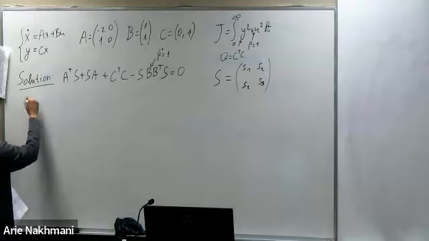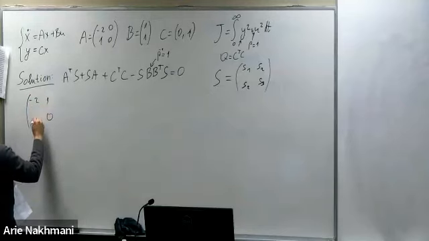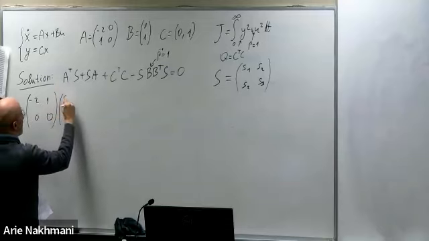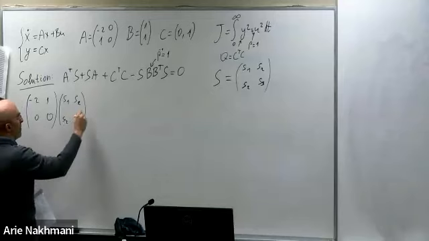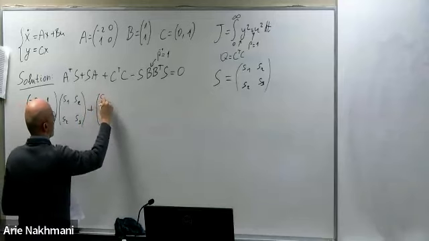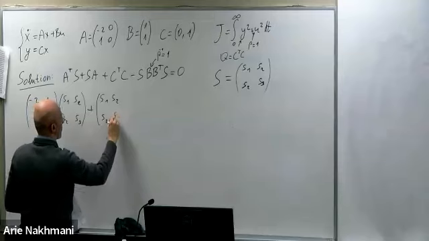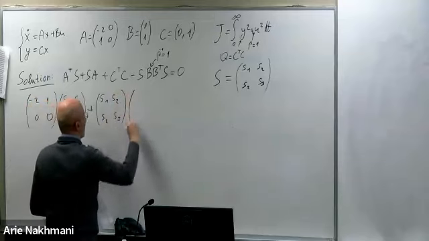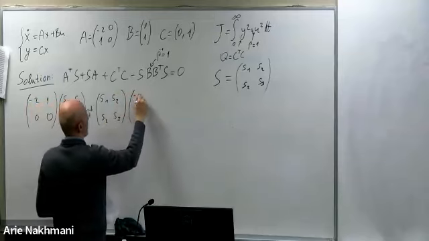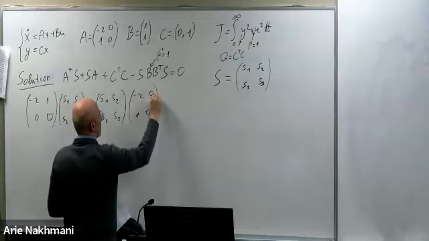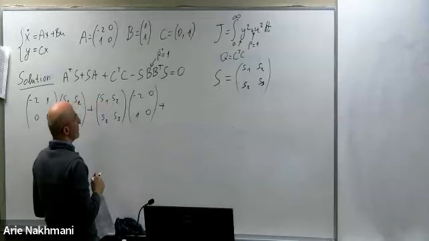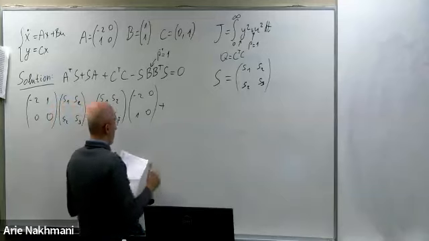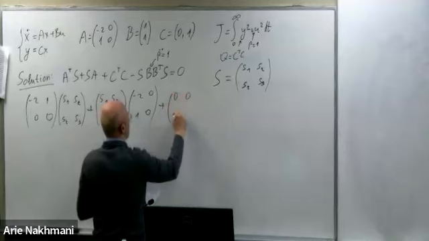Okay, so let's substitute that. A transpose will be [-2, 0; 1, 0] transposed, times [S1, S2; S2, S3], plus SA, which is again [S1, S2; S2, S3] times matrix A, which is [-2, 1; 0, 0], plus C transpose C, which will be [0, 0; 0, 1].